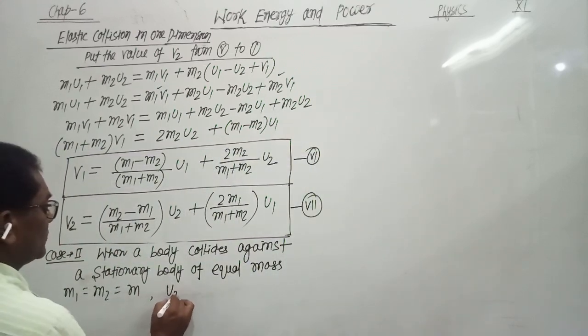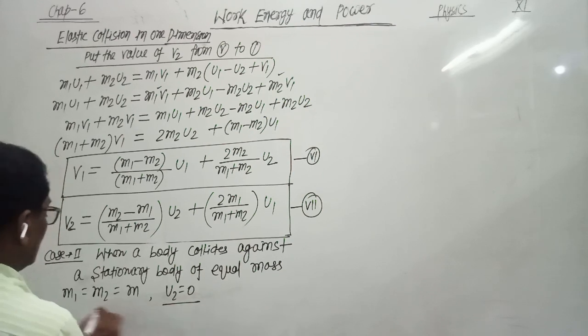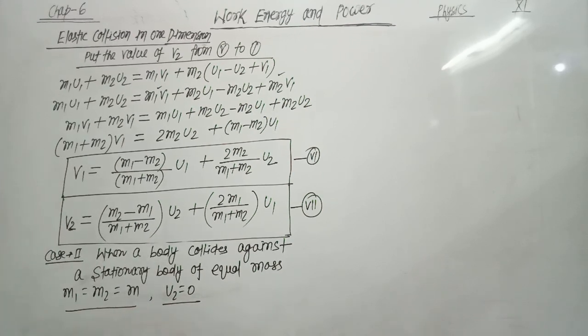So u2 equals 0. The other body is stationary, meaning it is at rest.